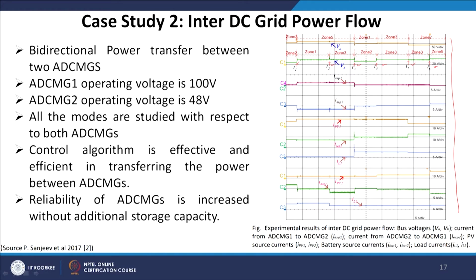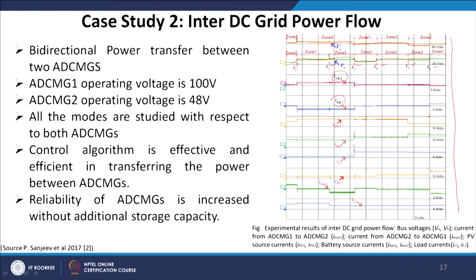Now for better understanding, we can see there are two characteristics: VA, that is the first grid, and this is my second characteristic, that is VV, the green one. I1 represents my autonomous grid number 1 and I2 represents my autonomous grid number 2.